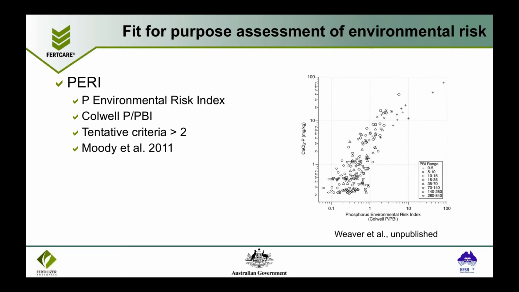So there has been a measure proposed called the Phosphorus Environmental Risk Index. It's a fairly simple ratio of the Colwell P value divided by the phosphorus buffering index, and some tentative criteria have been developed for the use of that measure.